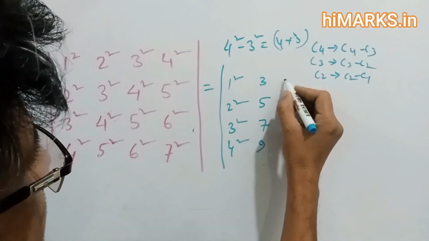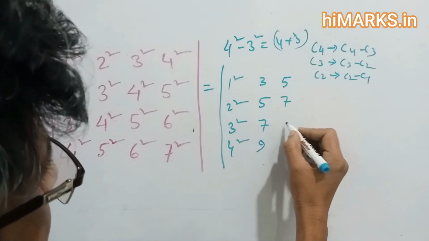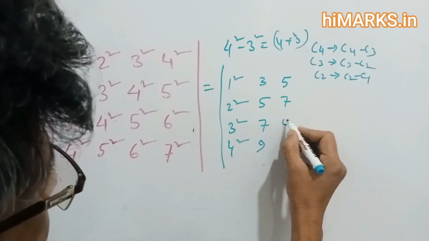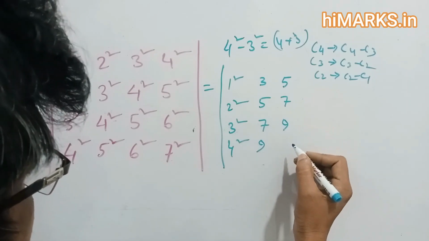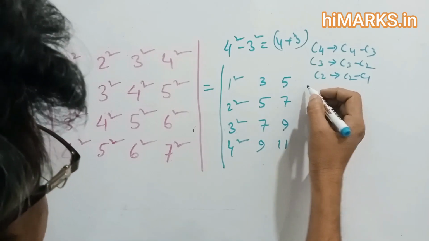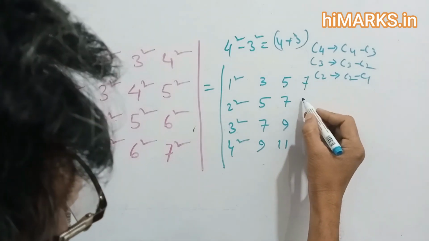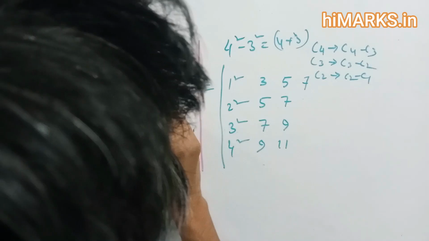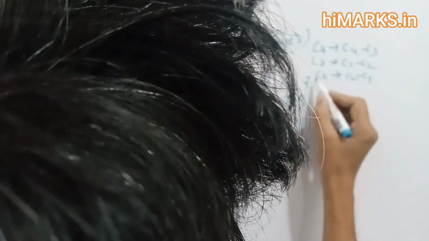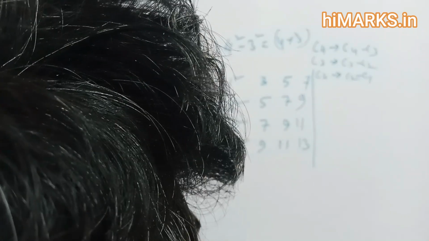Here will again be 5, 7, 9, 11, and the last one will be 7, 9, 11, and 13. Okay, let's see what can be done.